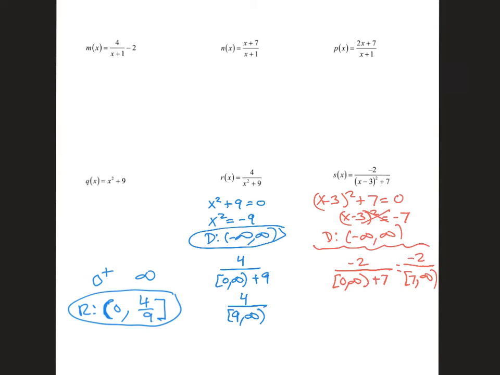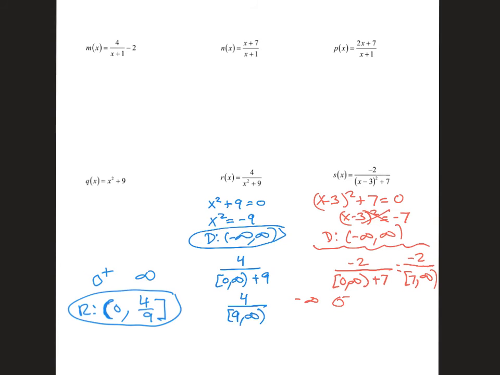Unlike the previous problem, in this case the numerator is negative. If I have a negative divided by all positive values, my output is only going to be negative. So instead of checking the positive extremes, I want to see if it hits the negative extremes. Is it going to explode towards negative infinity? And is it going to get close to 0 from the negative side?